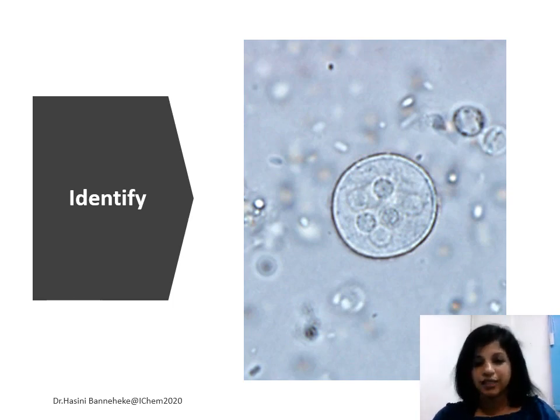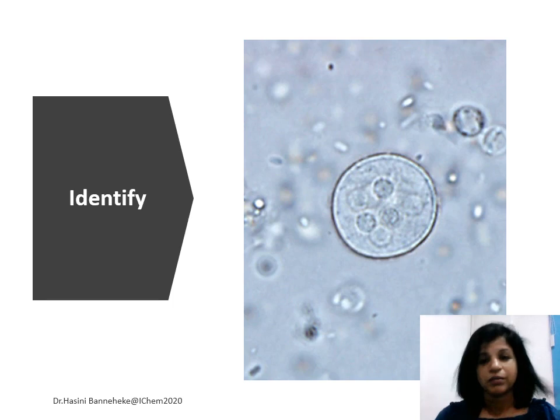One thing you have to look for is the nucleus, the structure and appearance of the nucleus, and if there is more than one nucleus, how many nuclei there are. And when there are other appendages and other structures apart from the nuclei, you need to look at those as well.